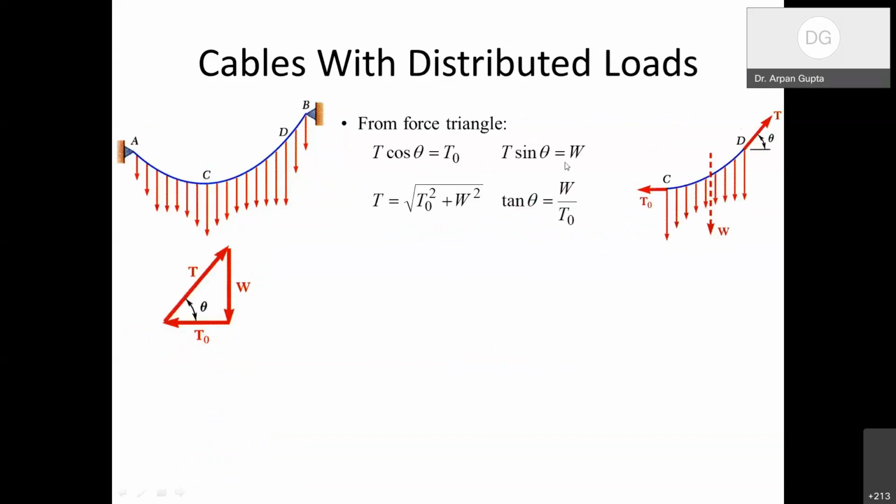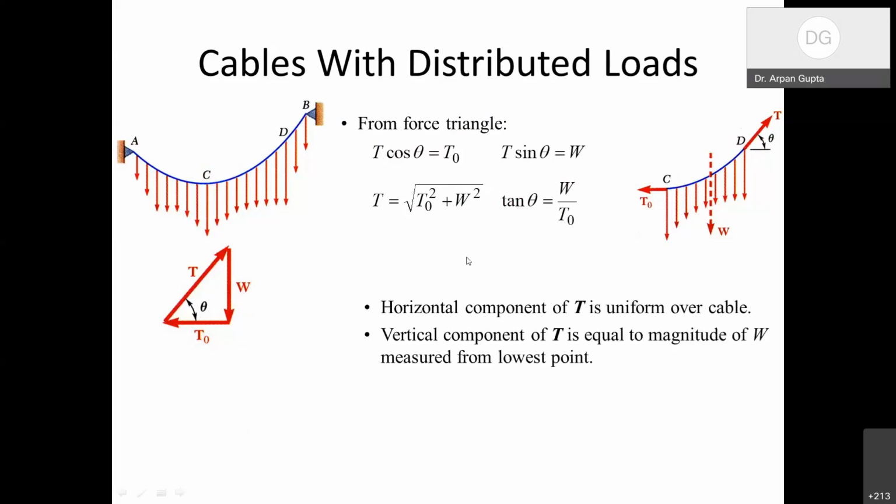Okay, so this is the same thing that we have seen. I have considered a section from C to D, and we have written this expression. Some of the lessons: one, the horizontal component of T is uniform over the cable, because T cos theta is equal to T naught, which is the same at all points on the cable. Number two, the vertical component of T is equal to the magnitude of W measured from the lowest point.